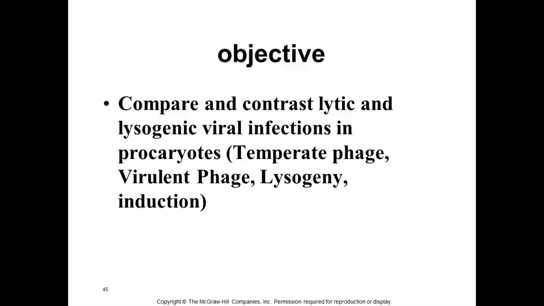One is referred to as the lytic, the other is the lysogenic. And so some terminology that relates to these is temperate phage, and phage, remember, is the name given to viruses that infect bacteria. The full name is usually bacterial phage. Virulent phage, lysogeny, and induction are important terms as we talk about these different types of viral infection.